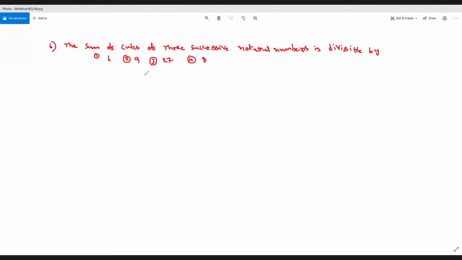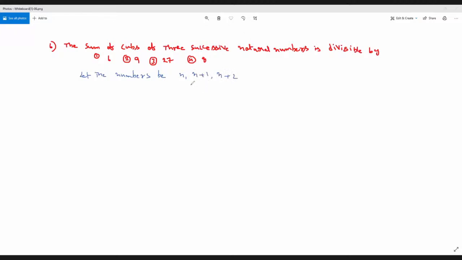First, we consider any three terms or numbers. Let the numbers be n, n plus 1, n plus 2.